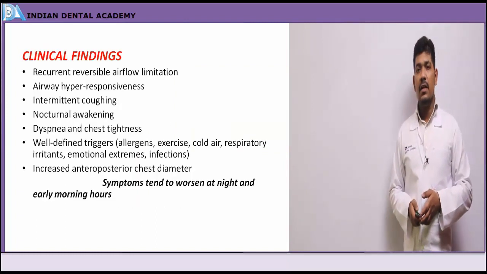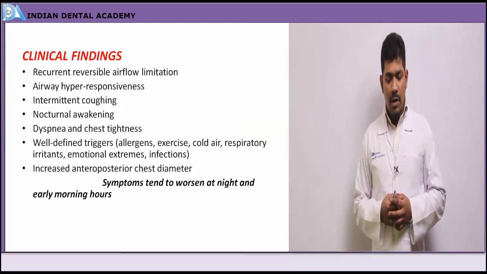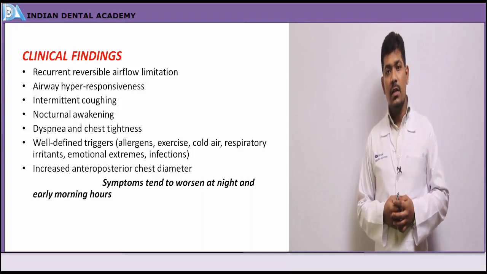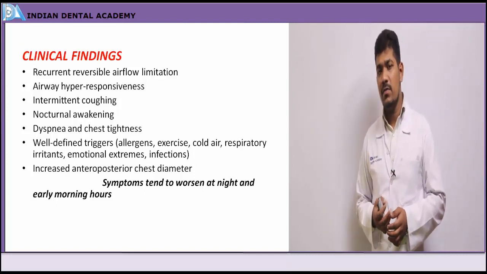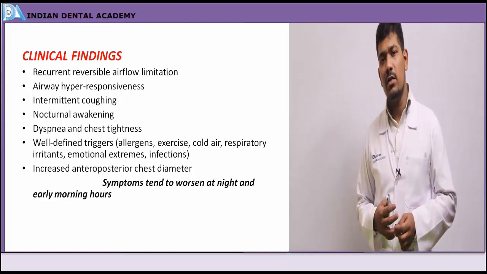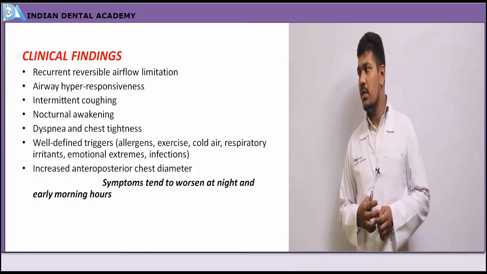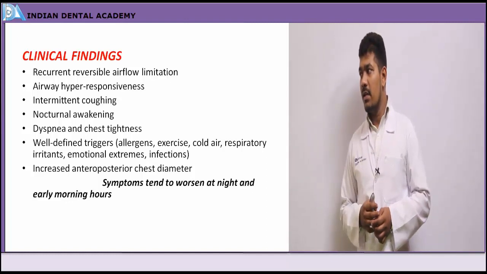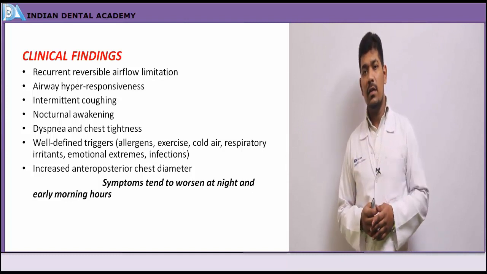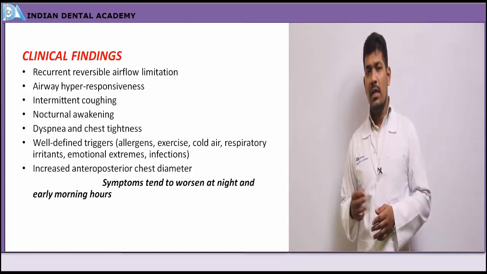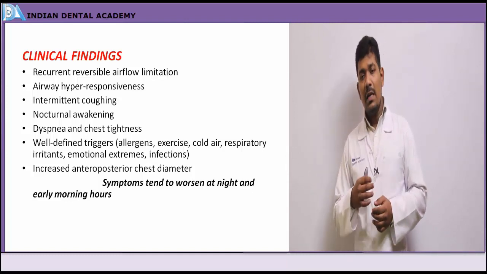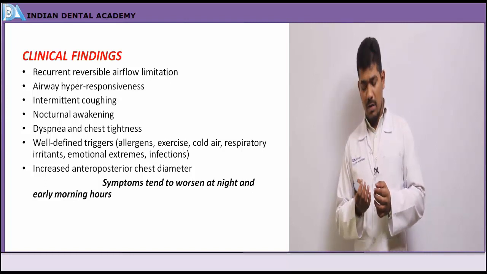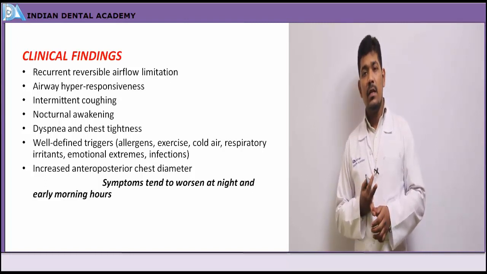So what are the clinical findings? The two most important typical features of asthma are the recurrent nature and the reversible nature of this disorder, along with the repeated incidents of damage and repair.